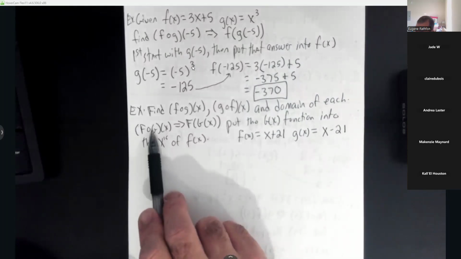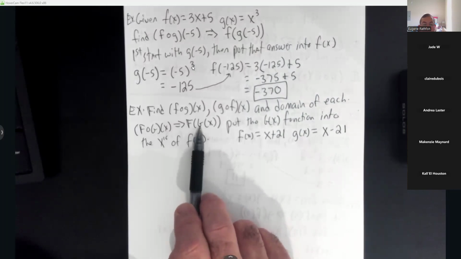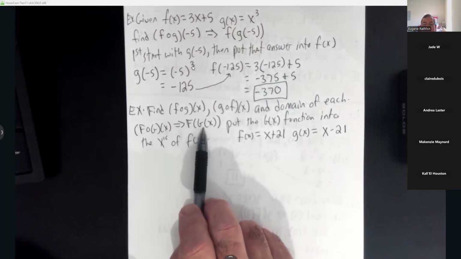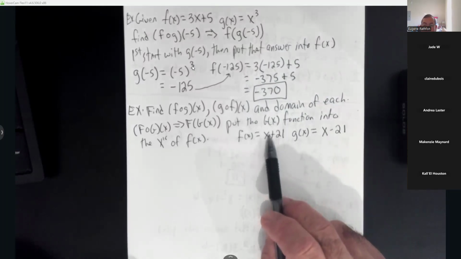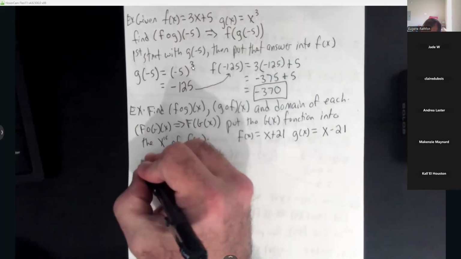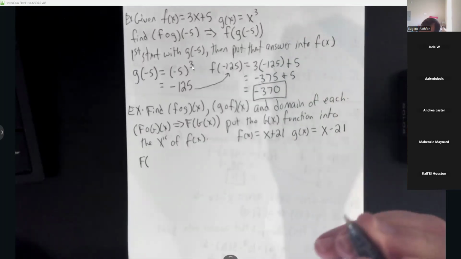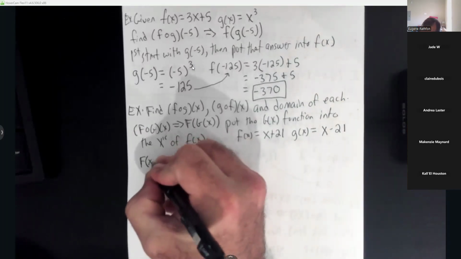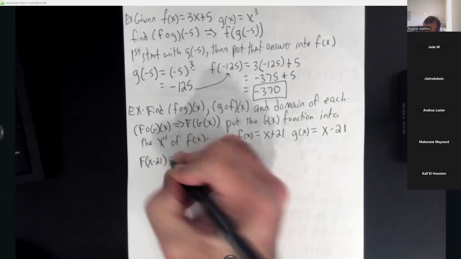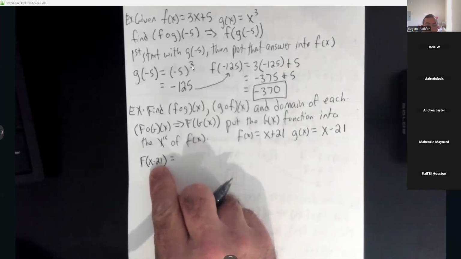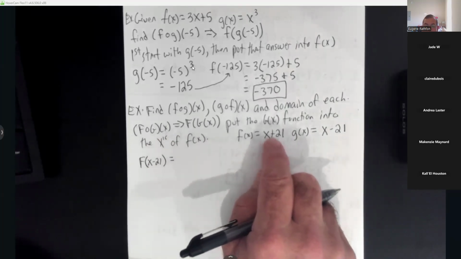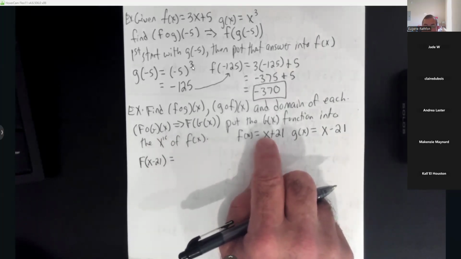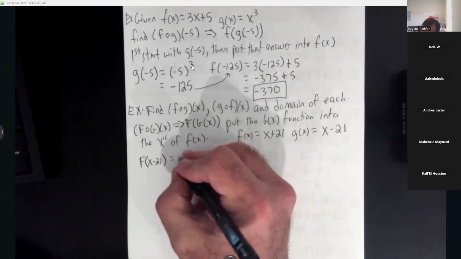So I'm finding f compose g of x first. So we said we're going to put the g of x function right here into the x of the f function. So basically we're finding f of x minus 21. Since g was x minus 21, that is now the variable we're putting in. So we take our x plus 21, in place of the x, we put x minus 21.